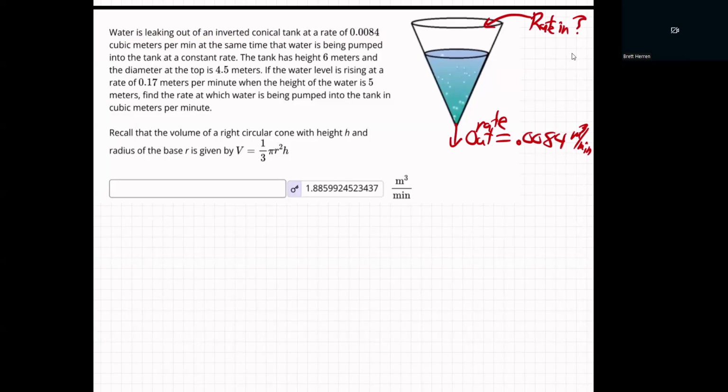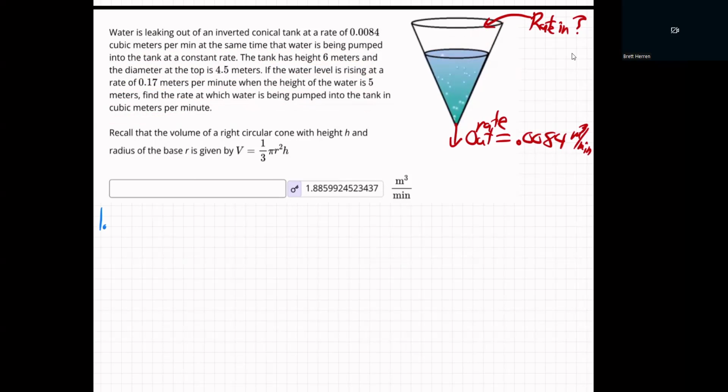It says that at the same time, water is being pumped into the tank at a constant rate. The tank has a height of 6 meters, and the diameter of the top is 4.5. The water level is rising, so I'm guessing the water coming in must be faster than the water leaking out. When the height of the water is 5 meters, find the rate at which the water is being pumped into the tank. This is maybe just a little bit harder than the other one.